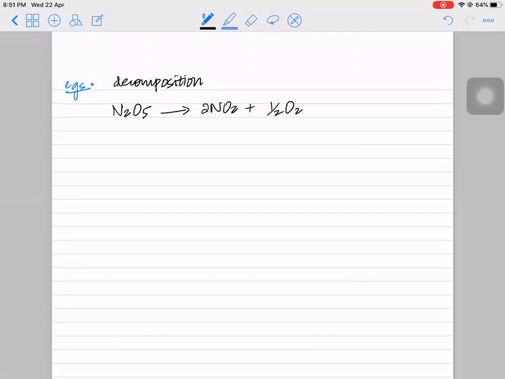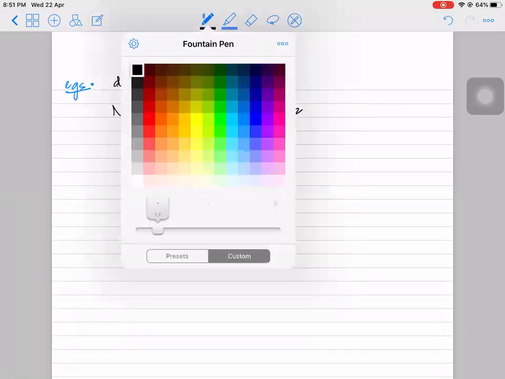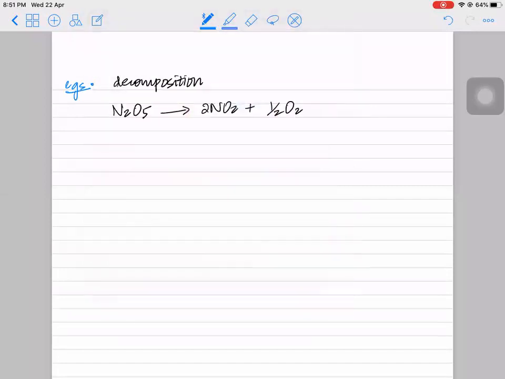This is a first order reaction, right? Radioactive decomposition could be radium 226 88 decomposing to give you helium, right? So this again is a first order reaction.